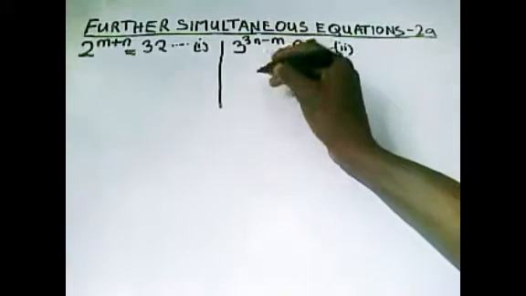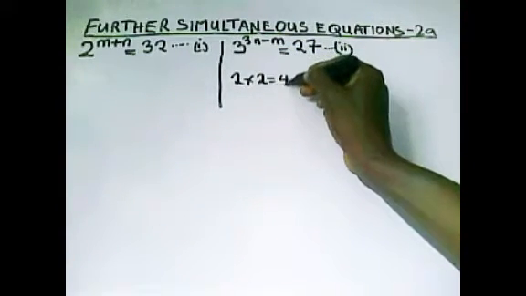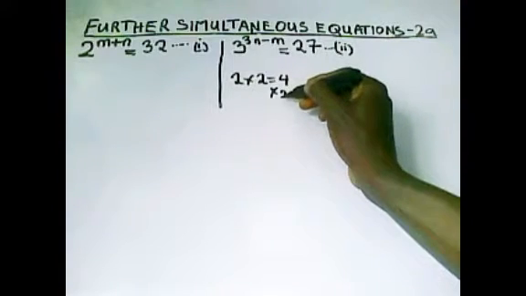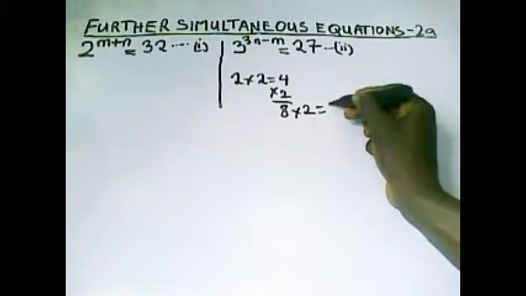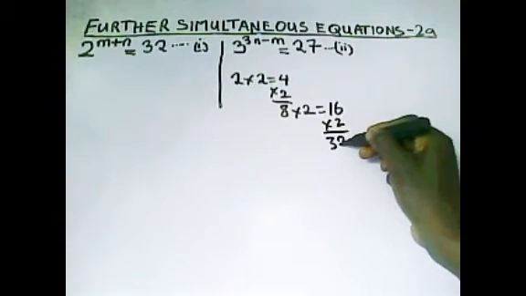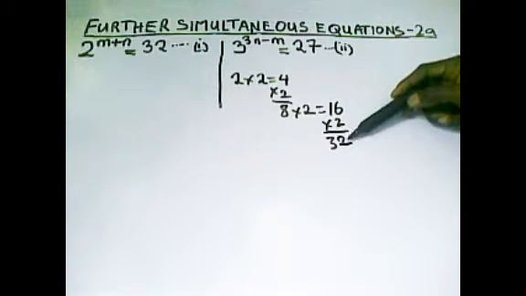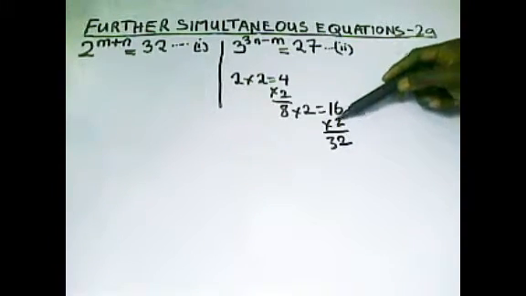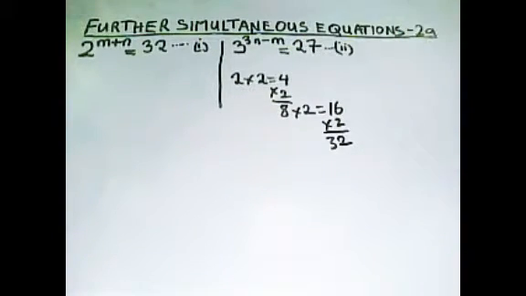If we say 2 times 2, the result is 4, then times 2 gives us 8, times 2 gives us 16, then times 2 gives us 32. So how many times did we multiply 2 to arrive at 32? We count 1, 2, 3, 4, 5. That means 2 will multiply itself 5 times to give us 32.